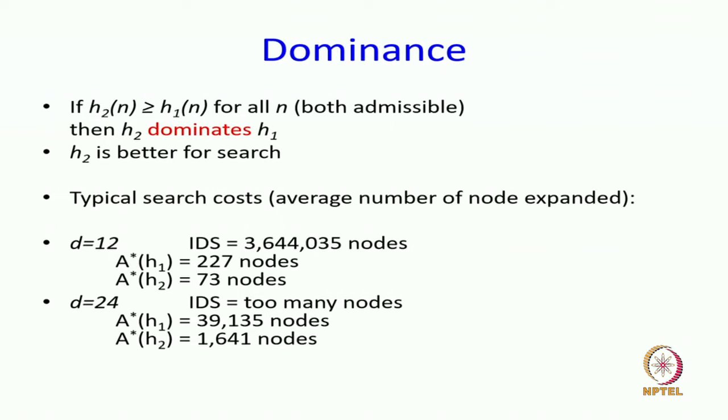As you can see, if the goal is at depth 24, iterative deepening search never gets it. A star on H1 does get it after 39,000 expansions, whereas A star on H2 gets it only after 1600 expansions.